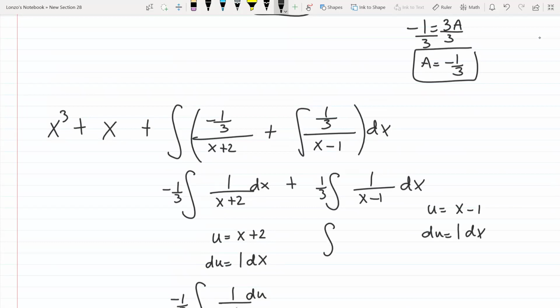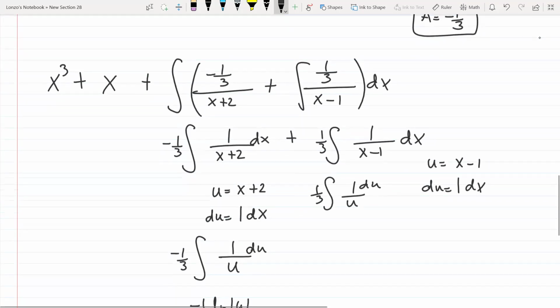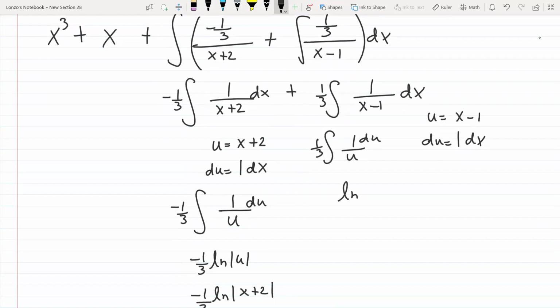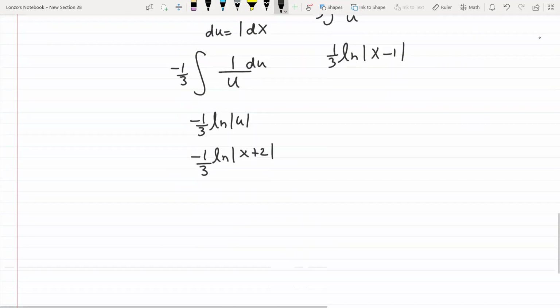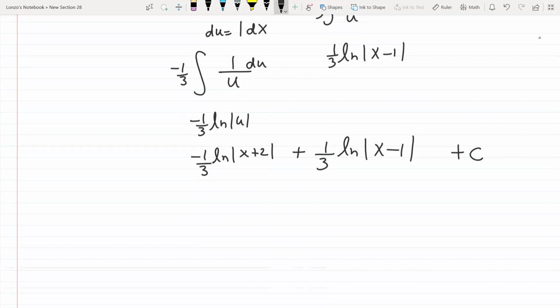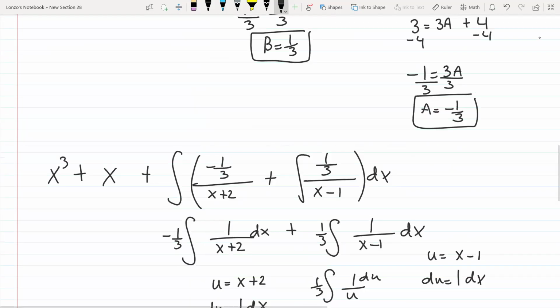So this is going to be 1 over u, and then 1 times dx is du. And also don't forget you still have this 1/3. So this is going to be ln of u times 1/3. And then don't forget the plus C. And then also bring down x cubed plus x.